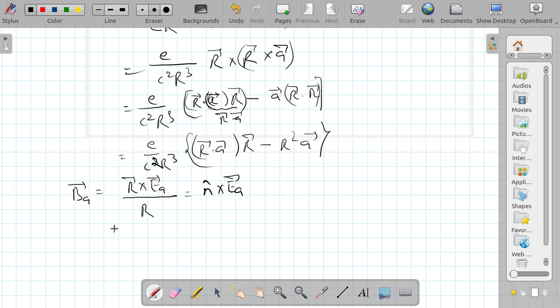Now, because the Poynting vector represents the radiative power, we have to find the Poynting vector.